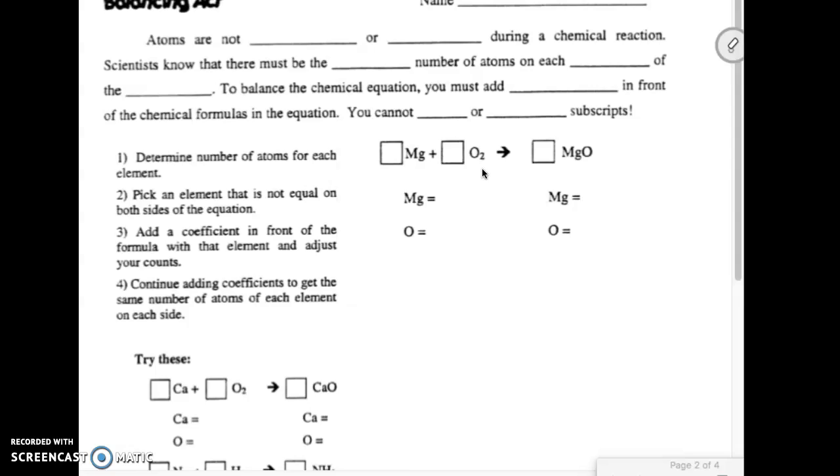It says atoms are not, we're going to write, created or destroyed during a chemical reaction. Scientists know that there must be an equal number of atoms on each side of the reaction, or you could write the word equation.